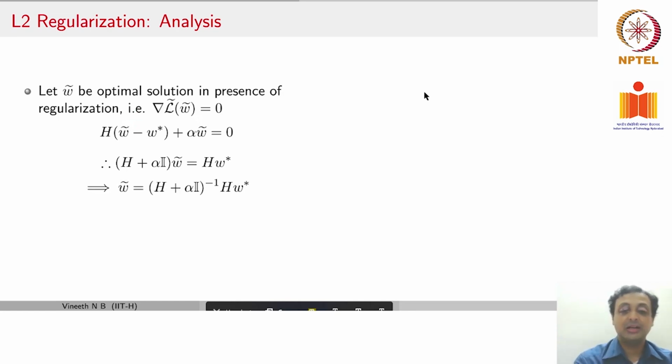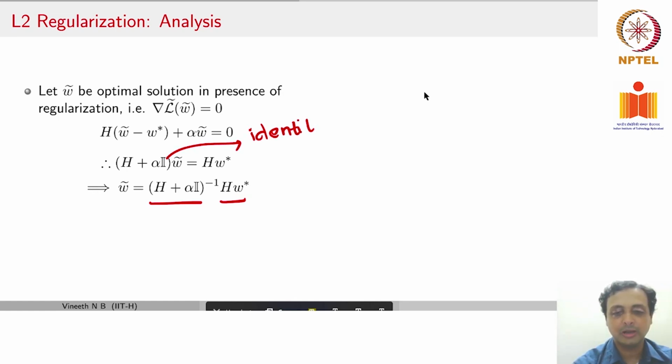This means w tilde, which is a solution of your regularized loss function, is going to be given by (H plus alpha I) inverse H w star. Just to remind you, I here, this notation means the identity matrix.